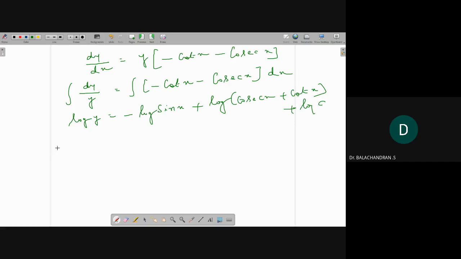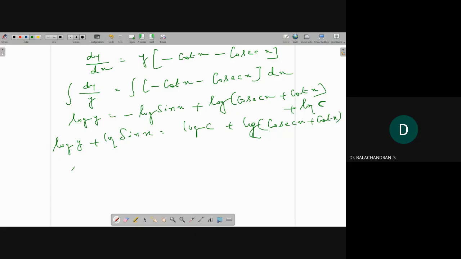So again I combine in a similar procedure: log y plus log sin x equal to log c plus log of cosecant x plus cot x.